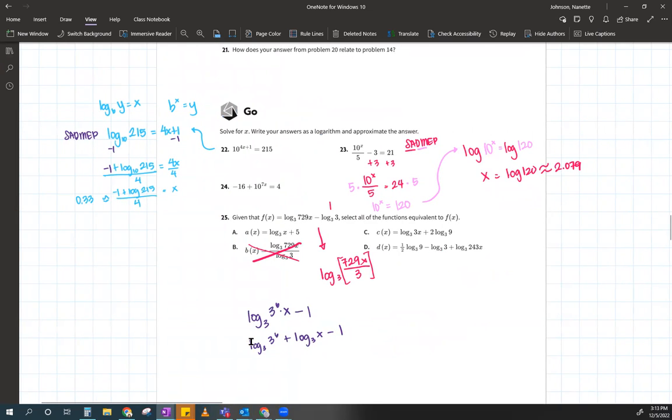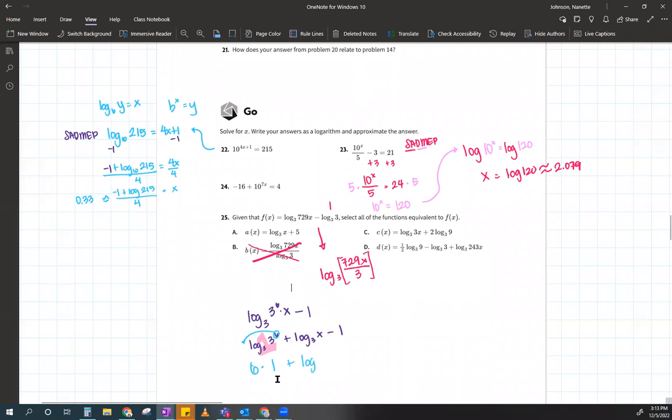So now what I'm going to do is simplify this, and you could see the power rule happening here. So this 6 can jump out in front, right? So we get 6 times log base 3 of 3, again, that's just the number 1. So that's 6 times 1 plus log base 3 of x minus 1.